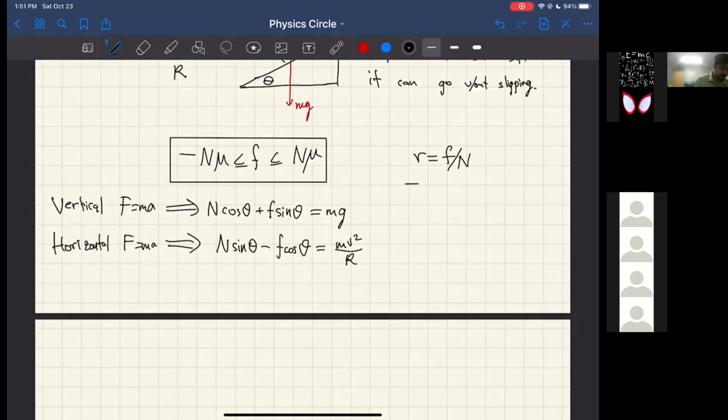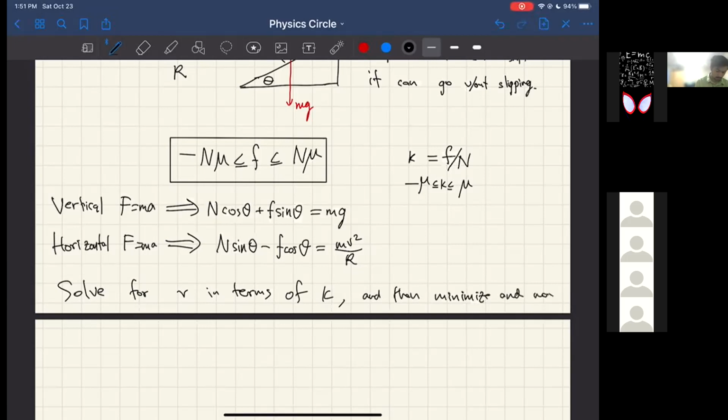And then the goal is to solve for V in terms of R. Oh, R is a bad choice. R looks like a radius. Let's call it K. Solve for V in terms of K, and then minimize and maximize V as a function of K.